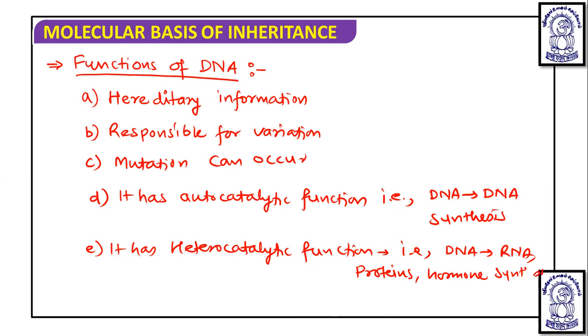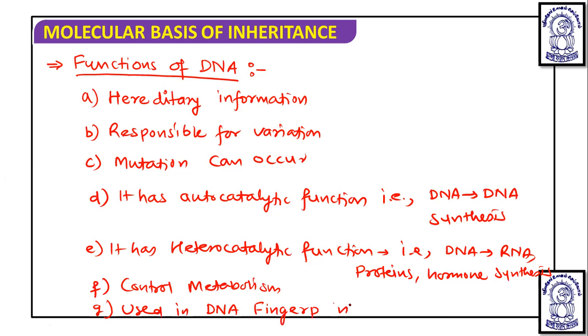All synthesis can occur from DNA. DNA also controls metabolism, growth, and differentiation. It also controls metabolism specifically, and is used in DNA fingerprinting. Okay, so these are the functions of DNA.